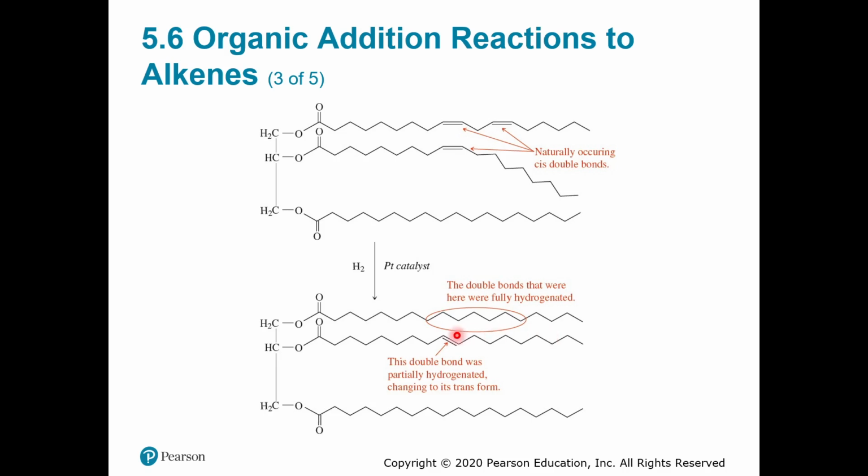So when we do this process, yeah, most of them are going to go to the saturated fatty acids. We'll break all our double bonds. We'll go to the alkane, okay? But some of it's going to go backwards. And we're going to have the reversible reaction sometimes. And what that's going to do is sometimes give us the trans fatty acid, right? That's the double bond in the trans configuration. See that? So we end up with the trans isomer.